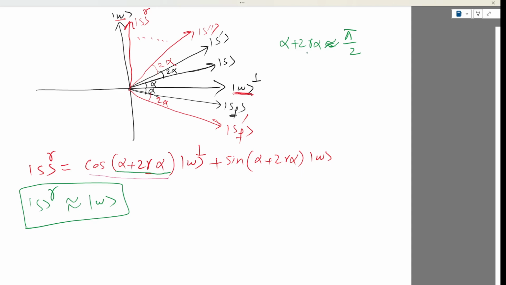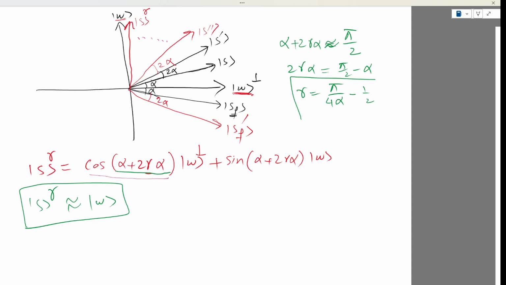So let's compute R from here. So R would be, 2Rα is equal to π/2 minus α, and let's divide by this 2α on both sides. So R becomes π/(4α) minus half.